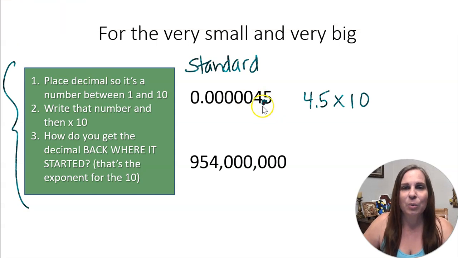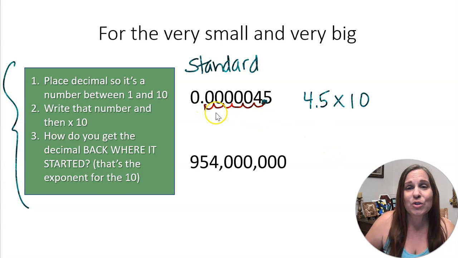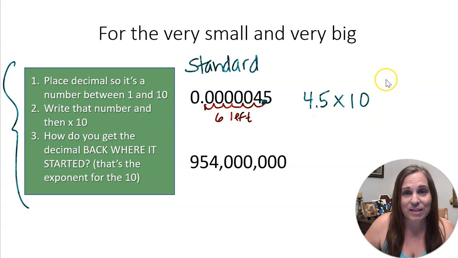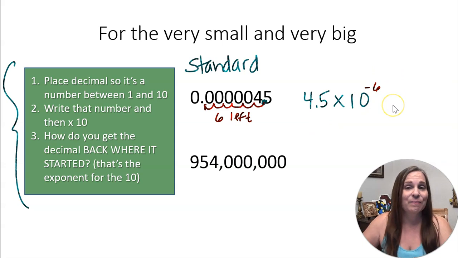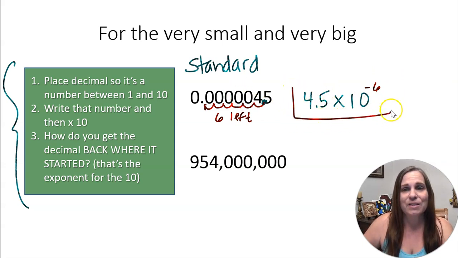I would have to go 1, 2, 3, 4, 5, 6 places to the left. So that 6 places to the left tells me that my exponent on my 10 is going to be -6. That's it. This is my number in scientific notation.